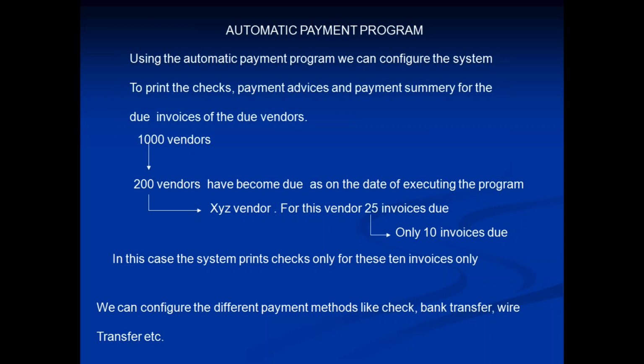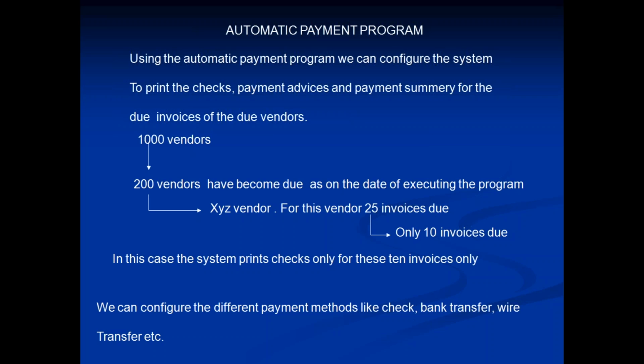For example, every Monday or every Friday, if I need to make the payment for my vendors, it is not necessary that all 1000 vendors will come, or that their payment will come as a due line item. The system will find that there are 1000 vendors.